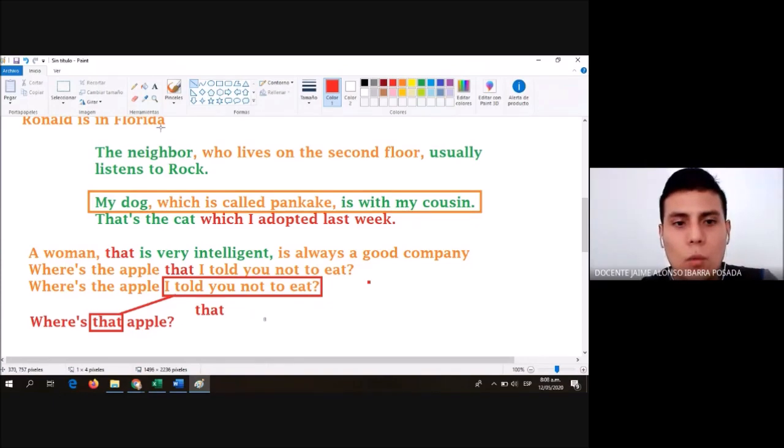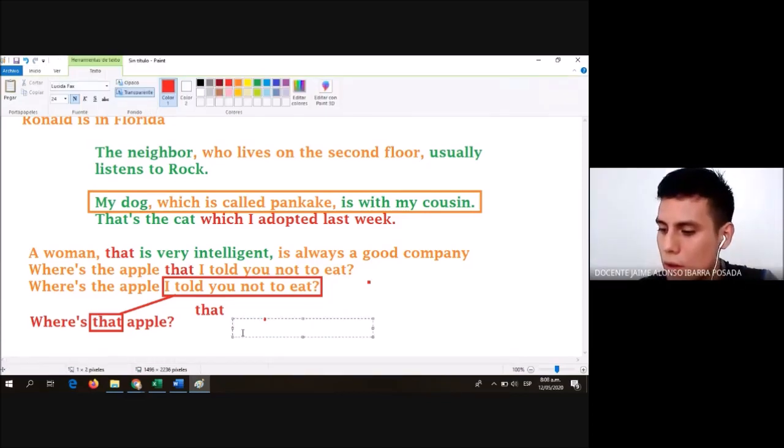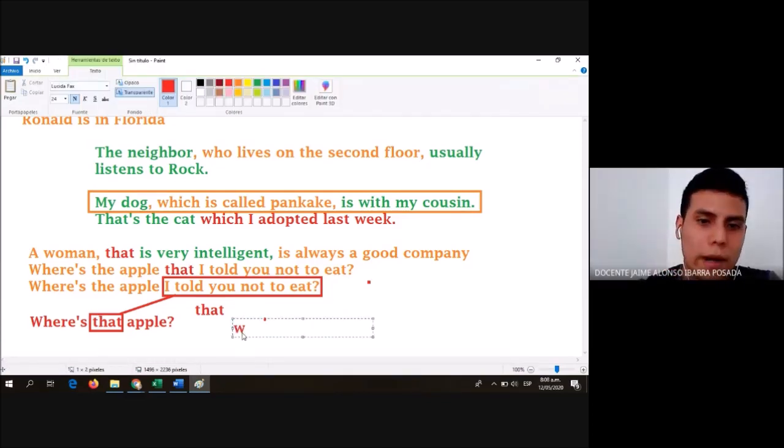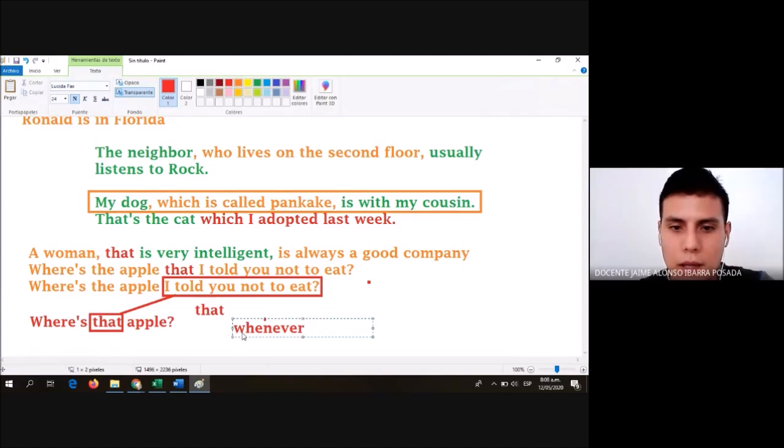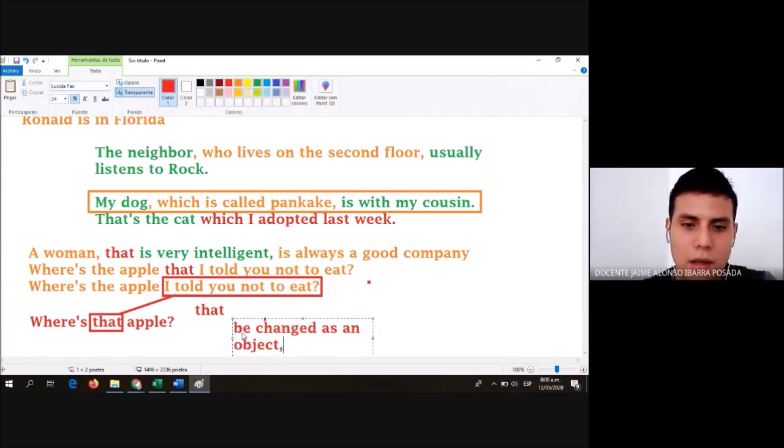Now, whenever it is an object, it can be changed as an object. You can delete that.